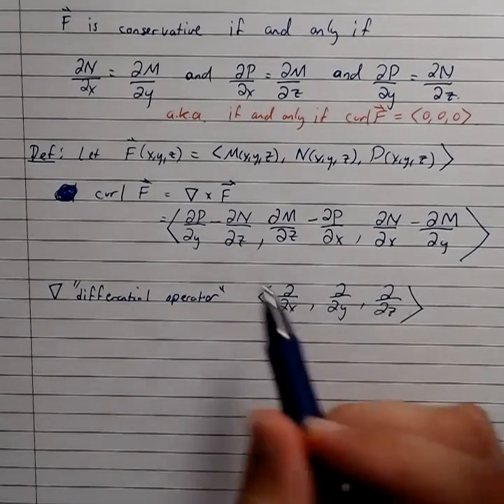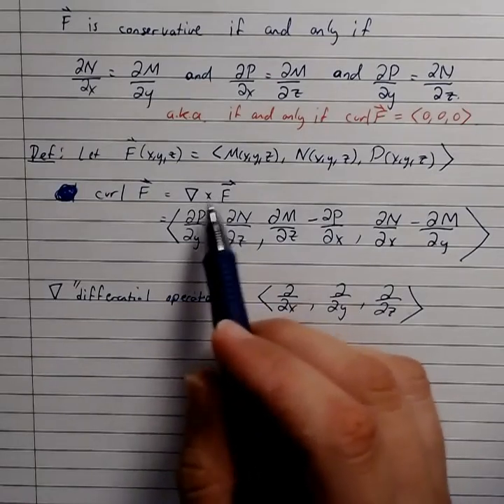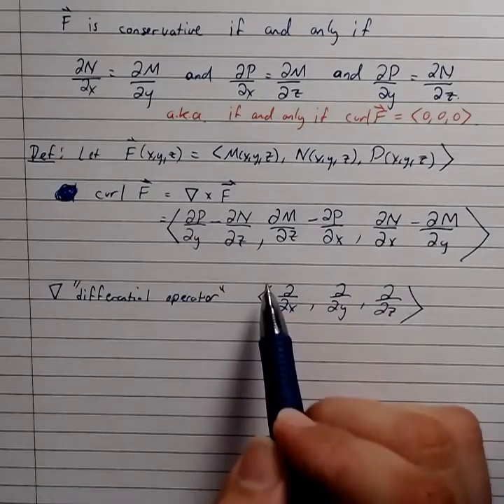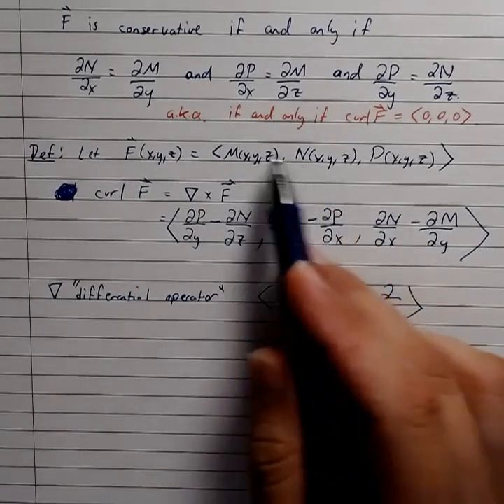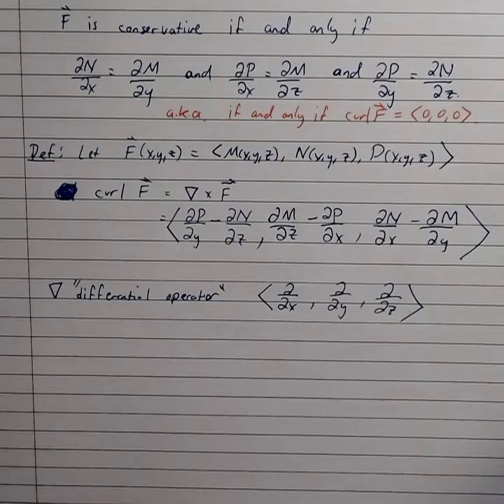Okay, so what? Well, that means that this notation can be thought of as this quote-unquote vector crossed with this vector, which in fact this one is legitimately a vector. So look what happens when you do that.